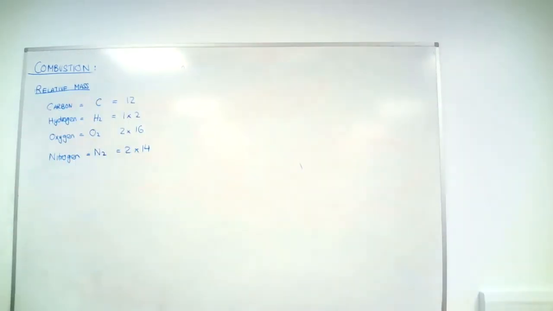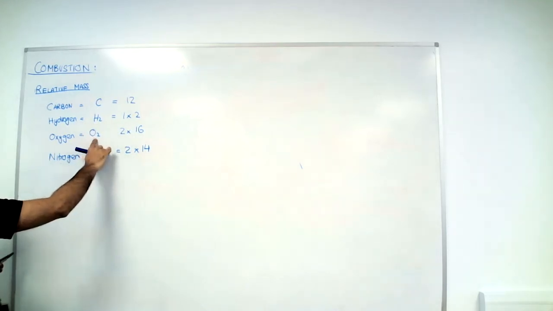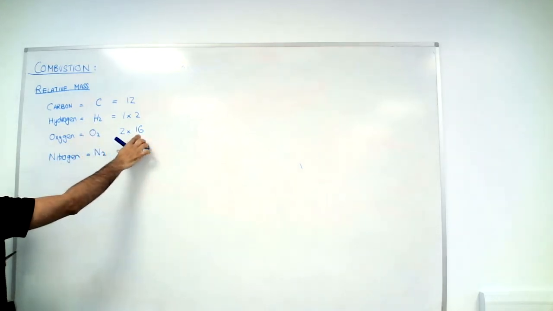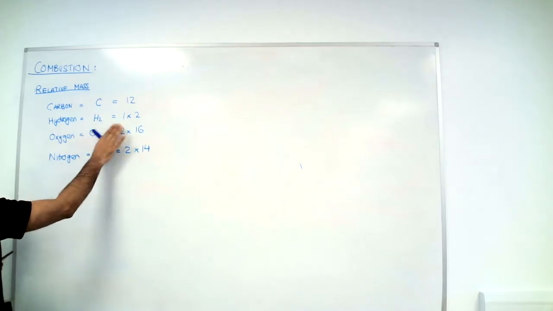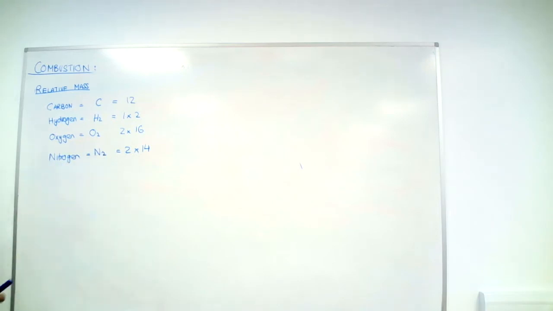Okay, now we have relative masses. For carbon, the relative mass is 12. For hydrogen, it's 1 times 2 because it's written as H2. Oxygen is O2, so 2 times 16. Nitrogen is 14, but there are 2 of them, so 2 times that.